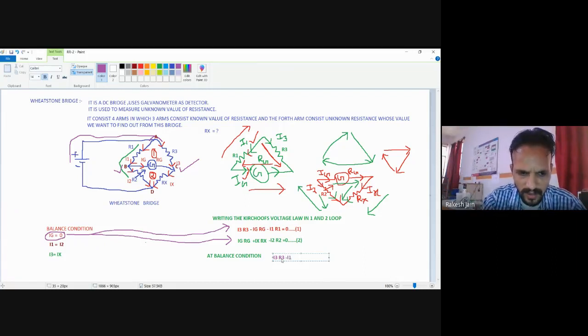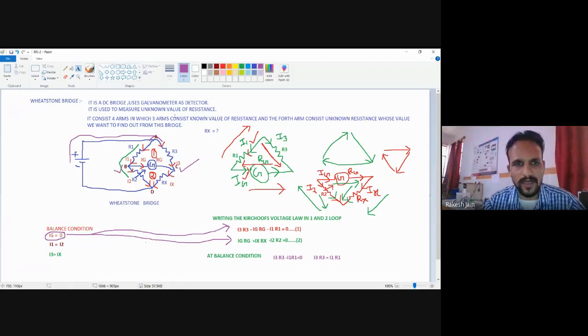So we can say I3 R3 is equal to I1 R1, because Ig is 0.